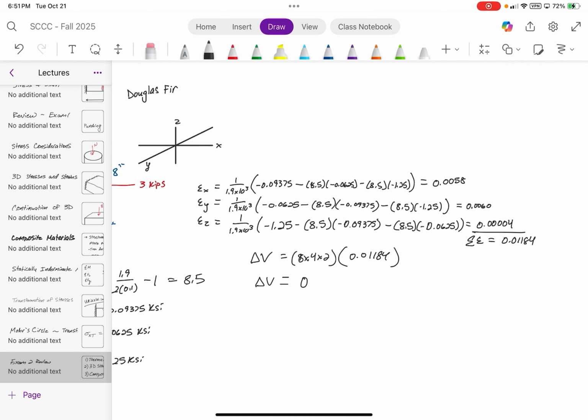I got 0.75. I got 0.76 cubic inches. What did you do? You just took your value and divided it by 1,000. Well, I use the scientific version.